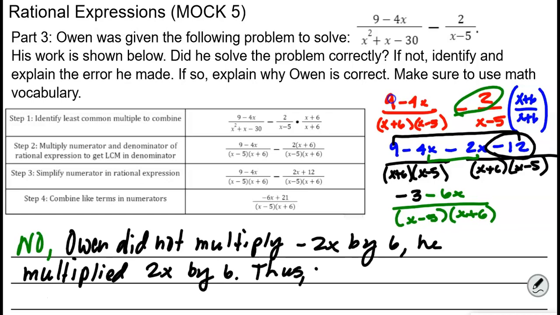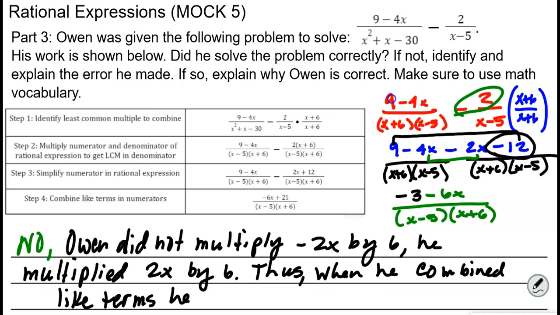Thus, when he combined like terms, he added, no, sorry, not negative 4x.